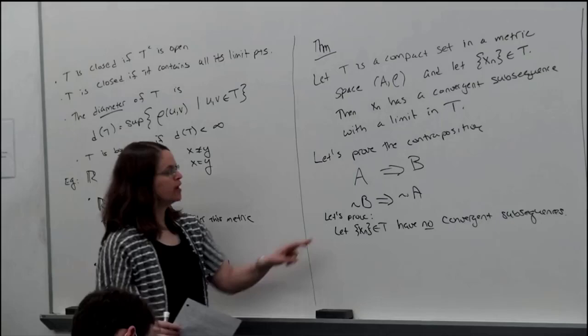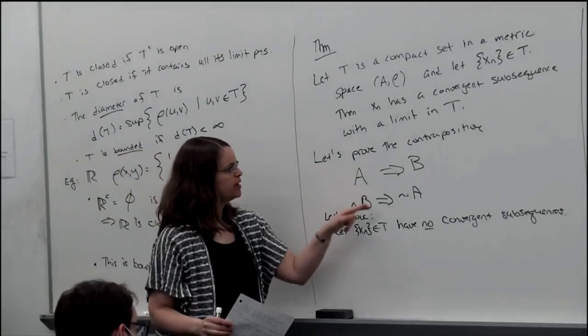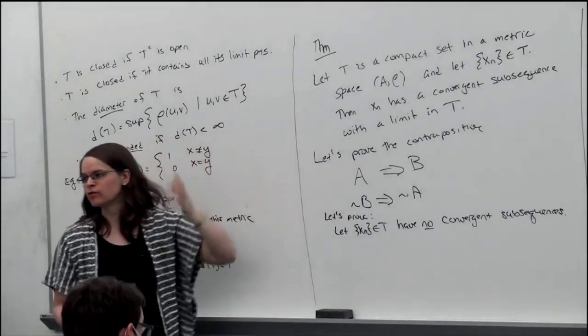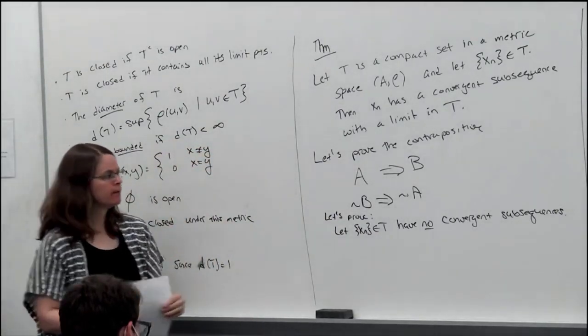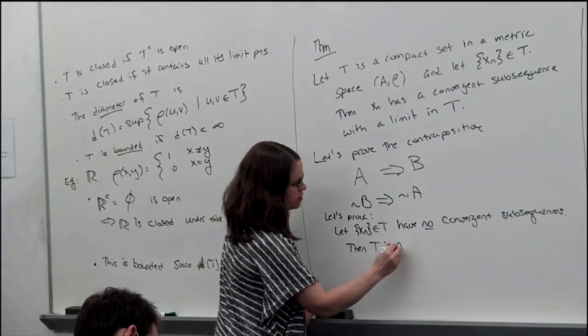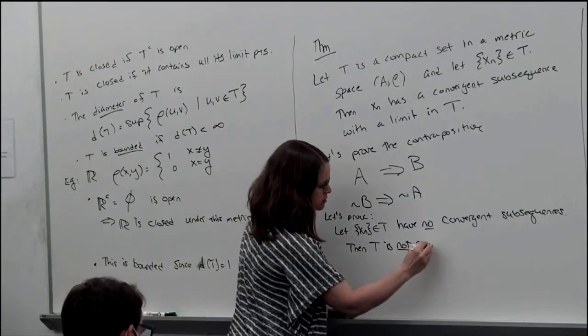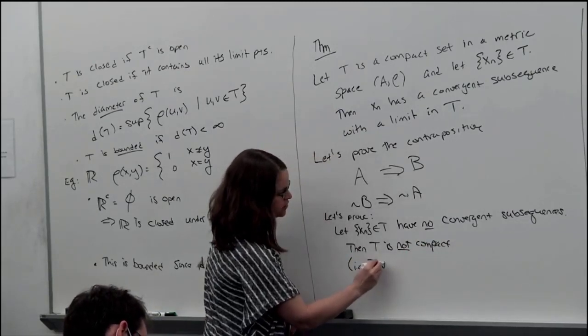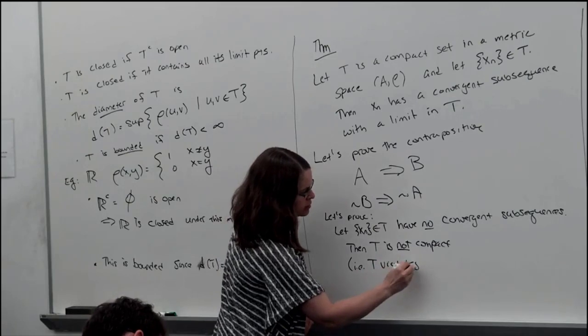I want to prove that if I start with not B, I get to not A. Not A is the statement that T is not compact, in other words, that T violates Heine-Borel.